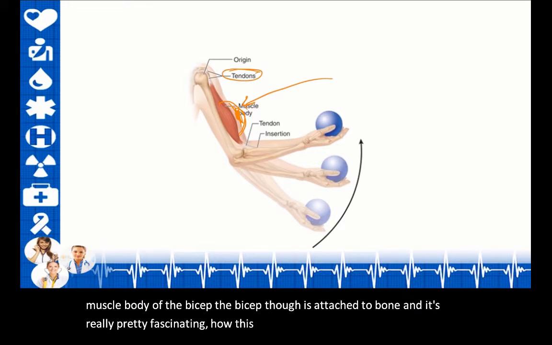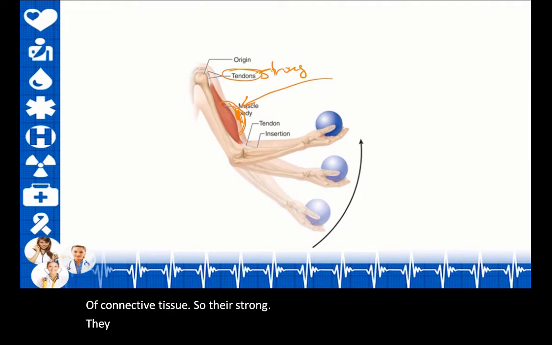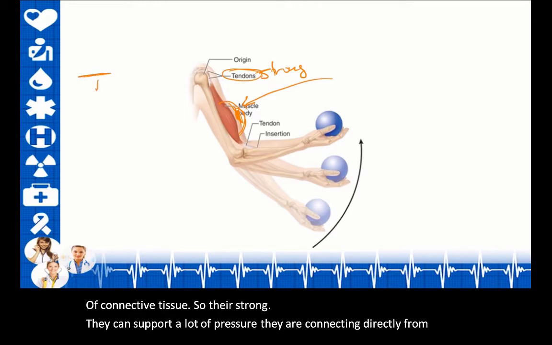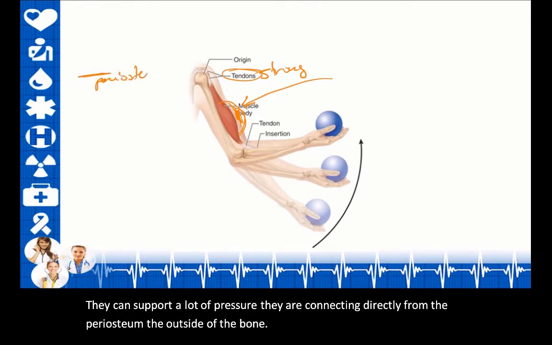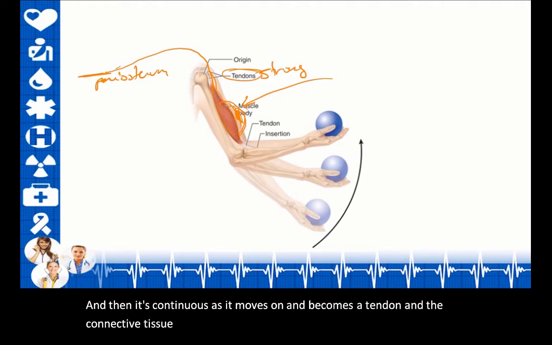Tendons are essentially made up of connective tissue, so they're strong. They can support a lot of pressure. They are connecting directly from the periosteum, the outside of the bone, and then it's continuous as it moves on and becomes a tendon, and the connective tissue surrounds the rest of the muscle.